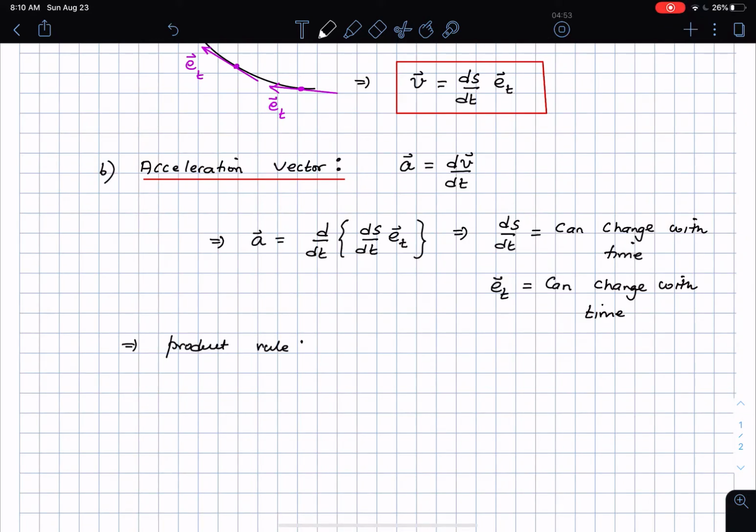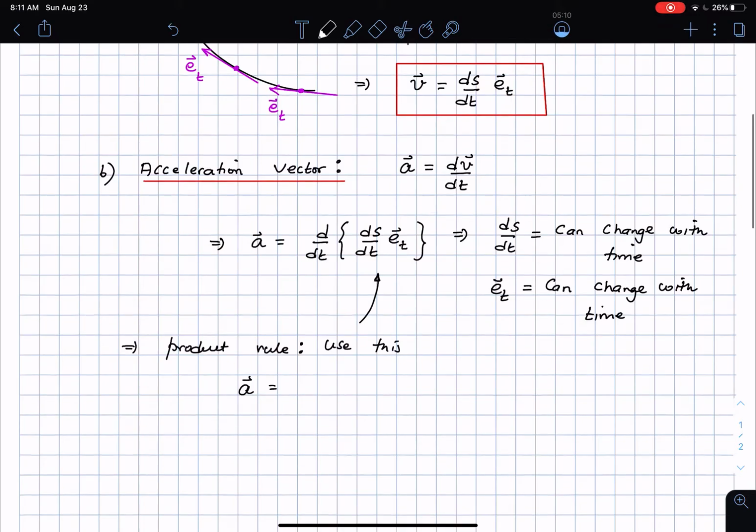And using the product rule, I get acceleration a, and differentiate to get the following.